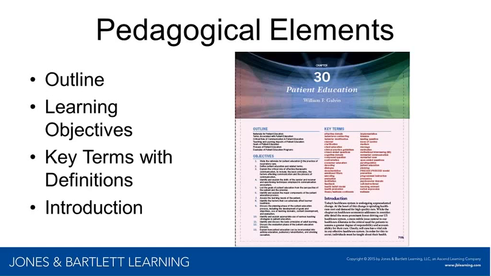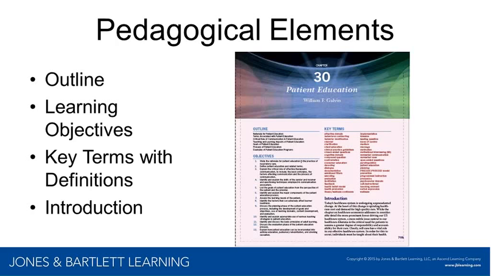The next slide does have a heading of pedagogical elements, but the items on the left will talk about the outline, the objectives, key terms, and introduction. And to the right of that, you'll see there's an example of that. I chose the patient education chapter, which is the one that I wrote, but you can see if you peek at that slide that it starts off with an outline.